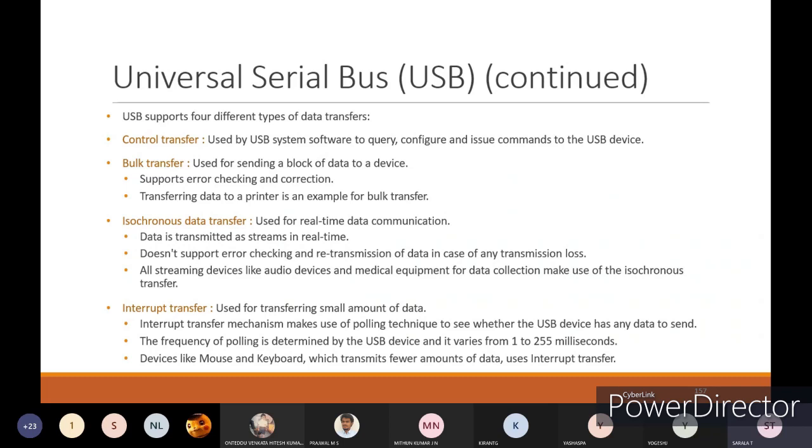The frequency of polling is determined by the USB device and varies from 1 to 255 milliseconds. Within that amount of time you have to transfer the data present in that USB device. Devices like the mouse and keyboard, which transmit fewer amounts of data, always use interrupt transfer.